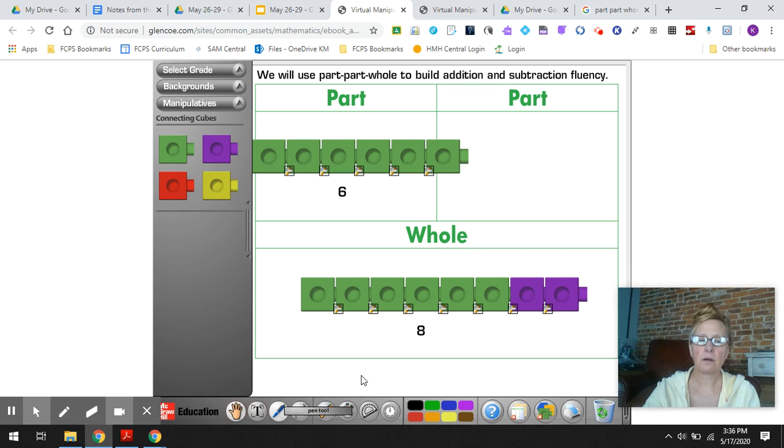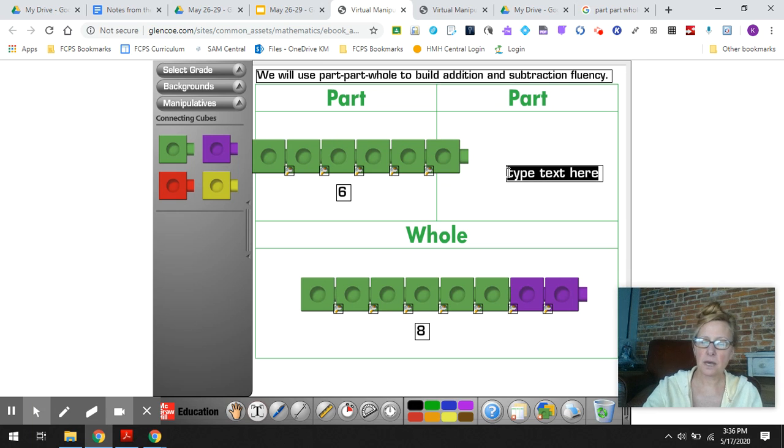So here I would start with an 8 because 8 is the total amount of counters I have. Then I will subtract out the 6, the part that I do know. What will that equal? This model down here is probably going to help you solve.